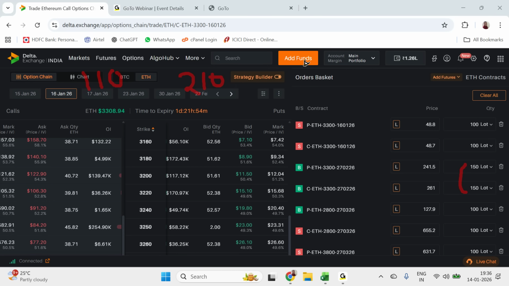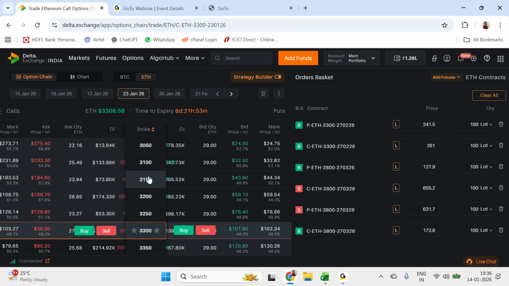Suppose we don't want to put upfront money from our pocket, we want to keep it at 100. Why should we put money from our pocket when theta decay is there? So this 48 whatever is there, the 16th is there, we can go to the 23rd if we can sell.